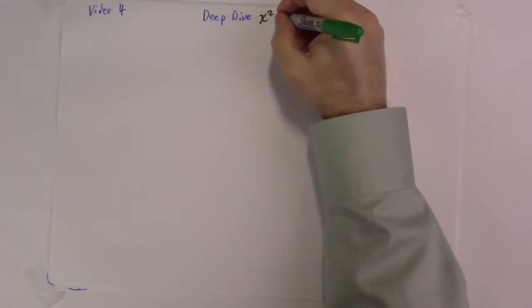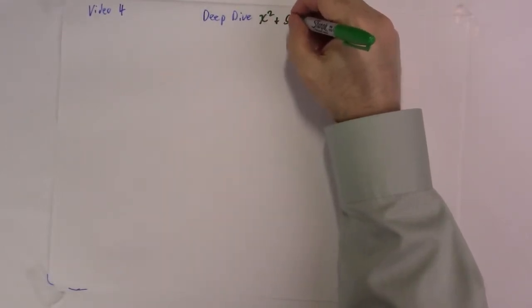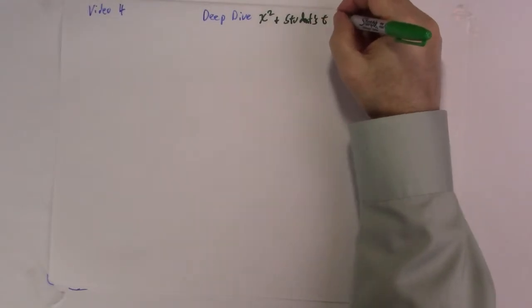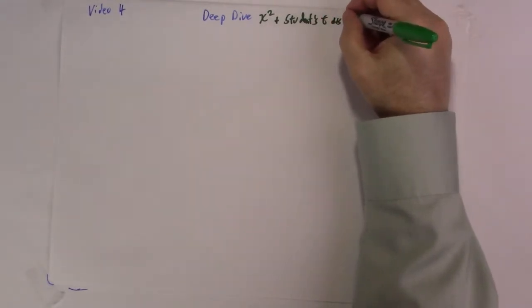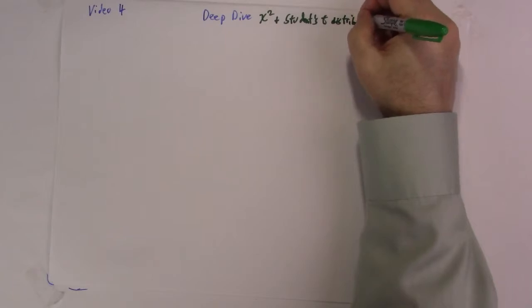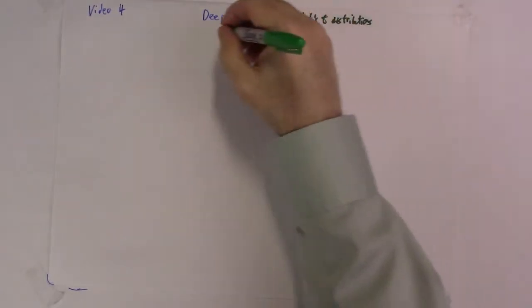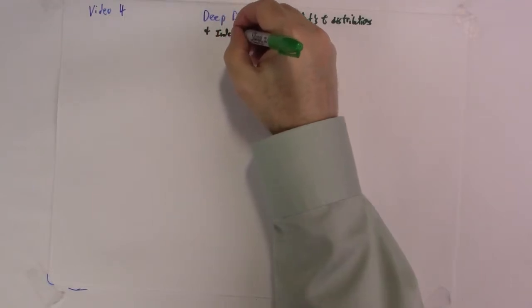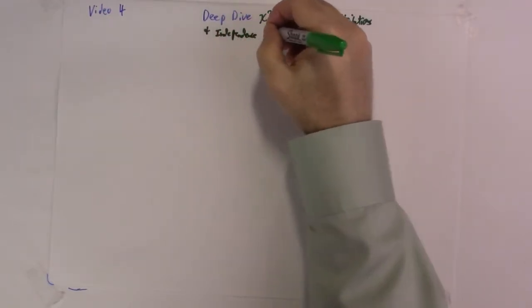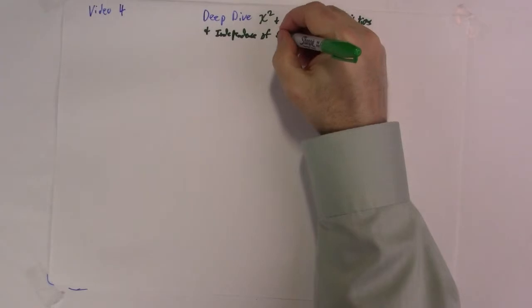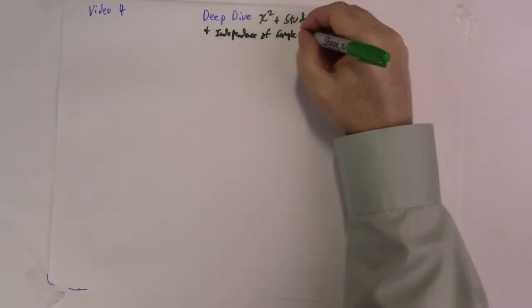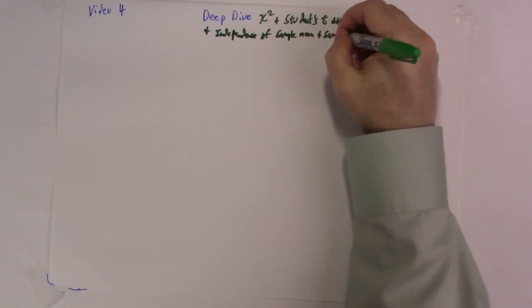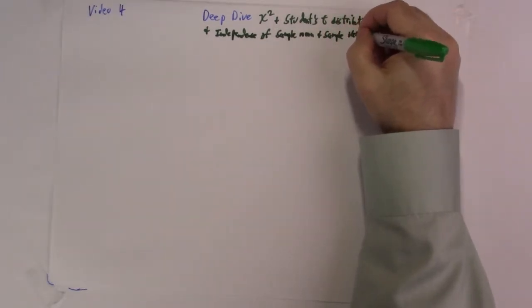On the chi-squared and Student's t-distributions, and the independence of the sample mean and sample variance.